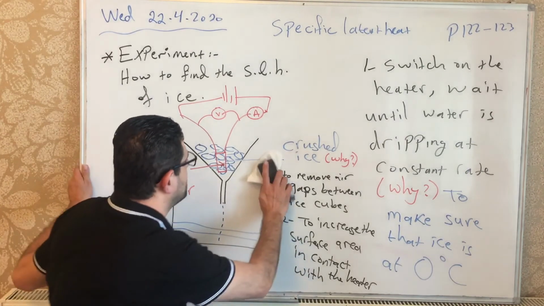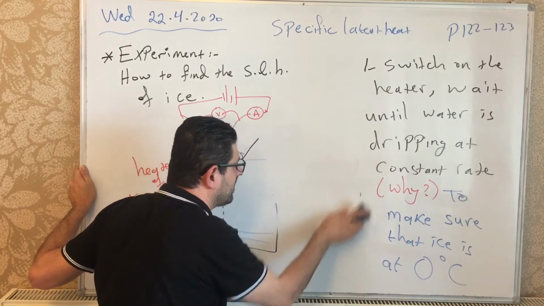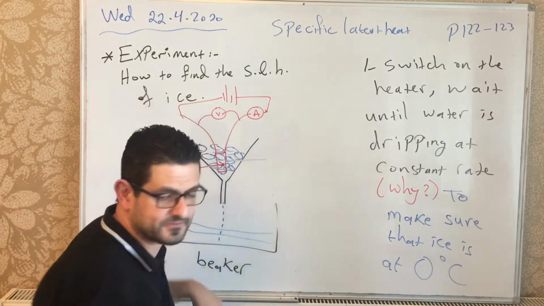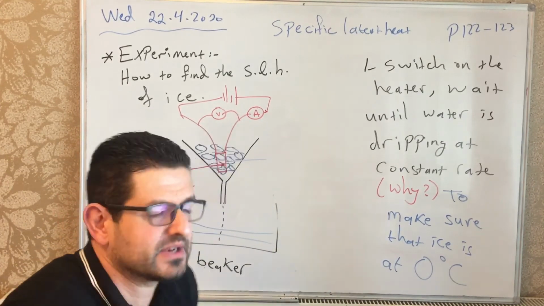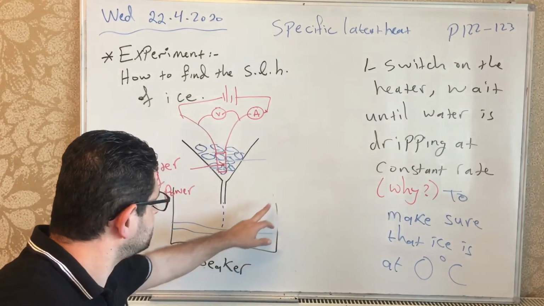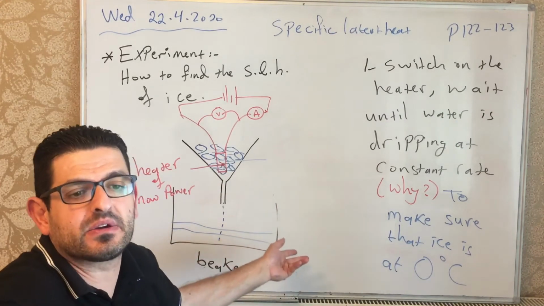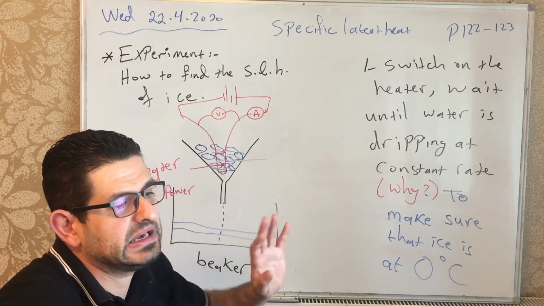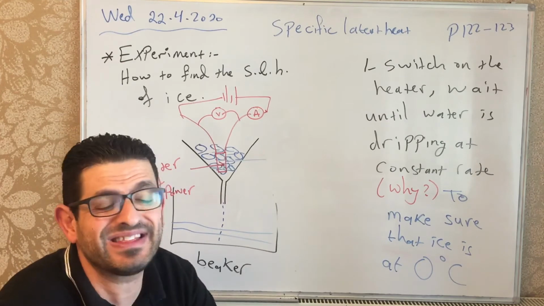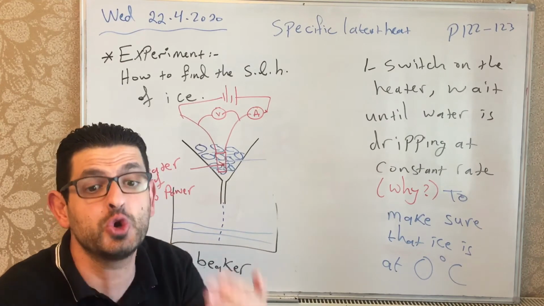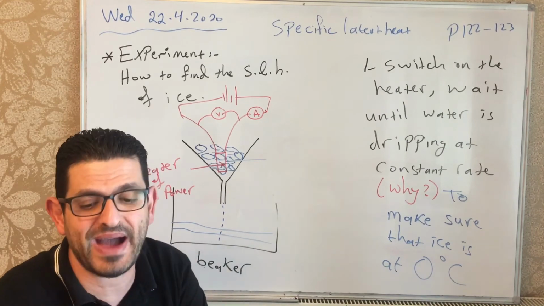Now, step number 2. Now listen. Now water is dripping in this beaker. I will not use this beaker. I will remove the beaker and I will get a new empty beaker of known mass.